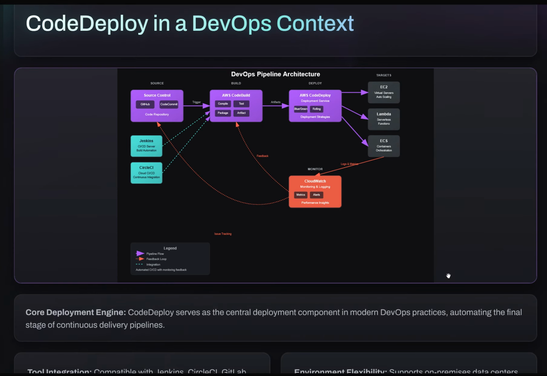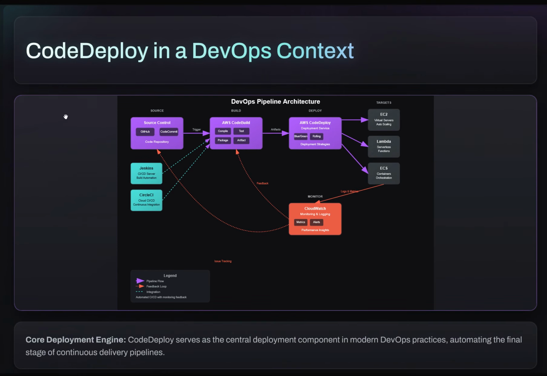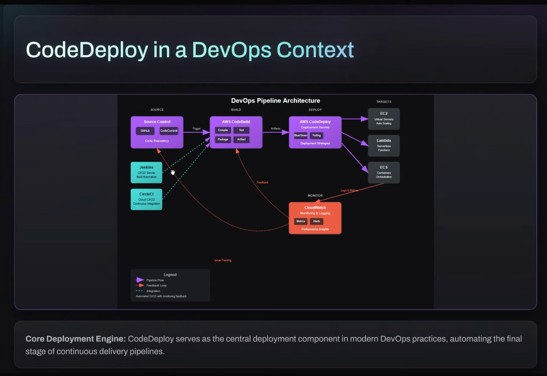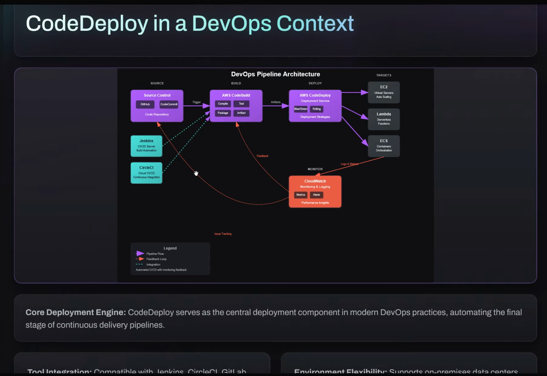Let me briefly explain this one. Here is source control, as we said, version control. It might be GitHub, or CodeCommit in AWS, which is the code repository. That's where you have the source. And then AWS CodeBuild: you can use CodeBuild to compile, test, package, and create an artifact from the source.